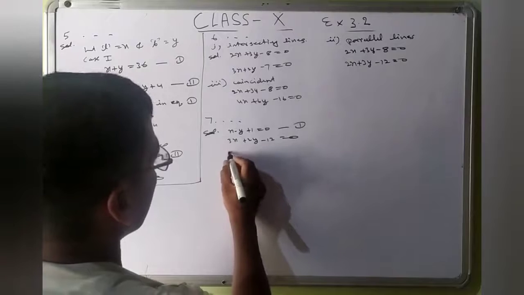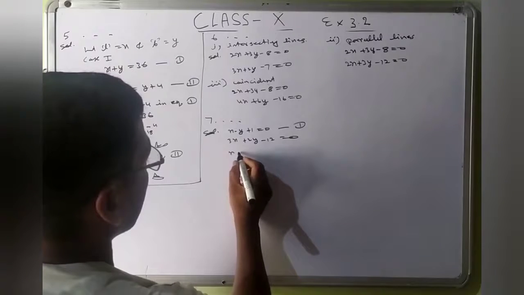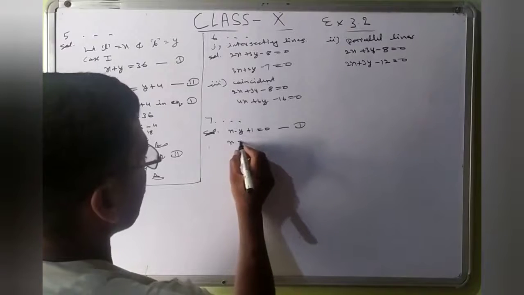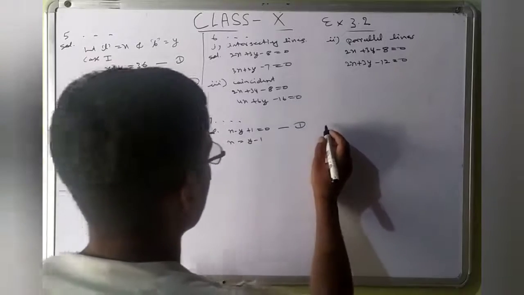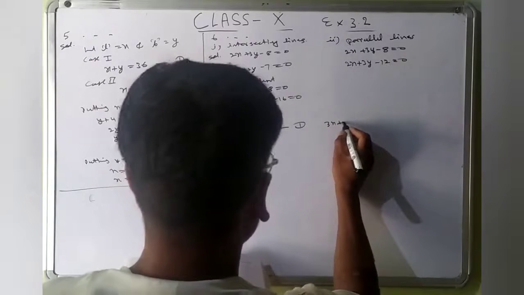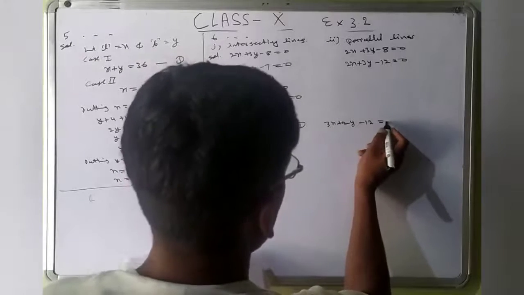First of all, x is equal to y minus 1 from the first equation, and 3x plus 2y minus 12 is equal to 0.